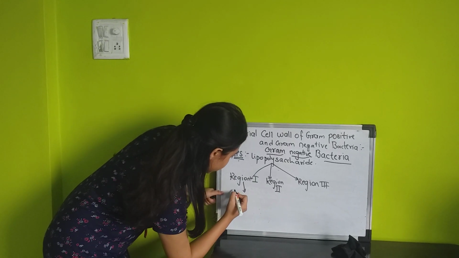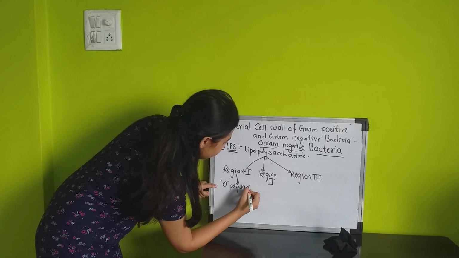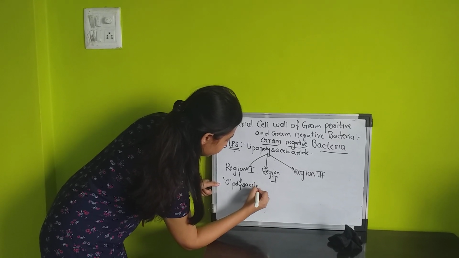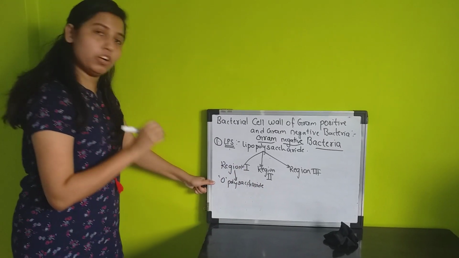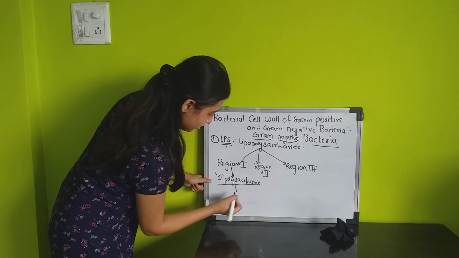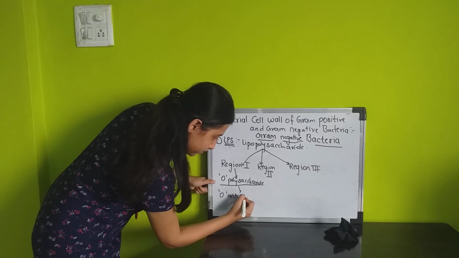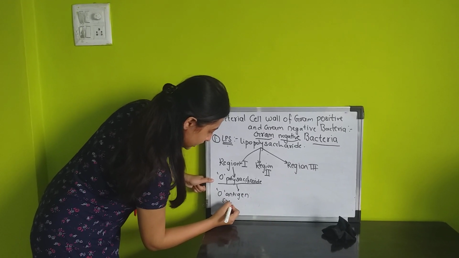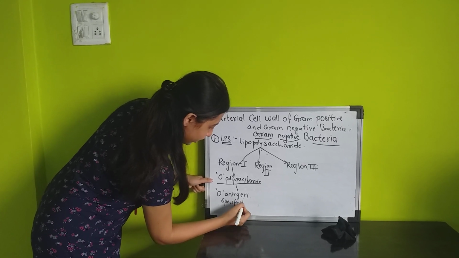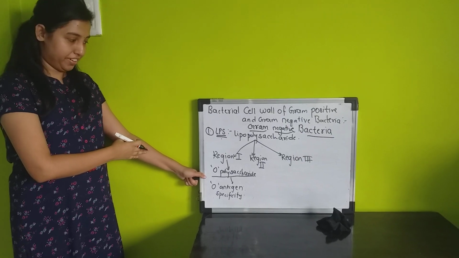So this is region 1, which has O polysaccharide.